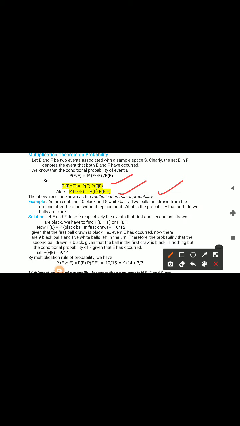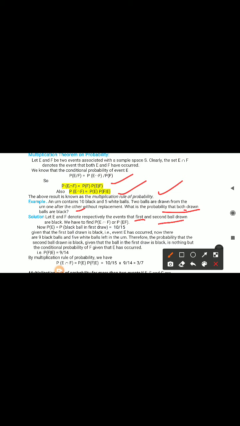We are drawing two balls one by one without replacement and saying that both are black balls. Now we have to find P(E intersection F).